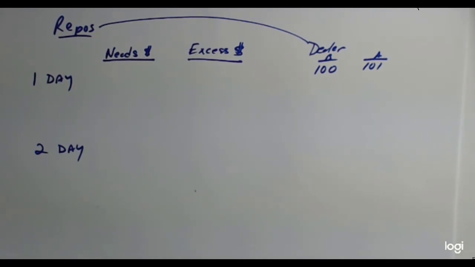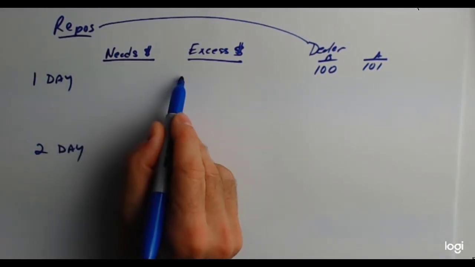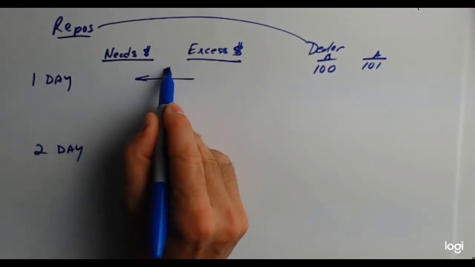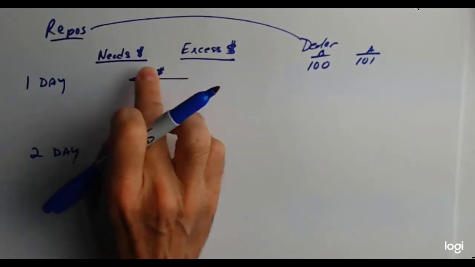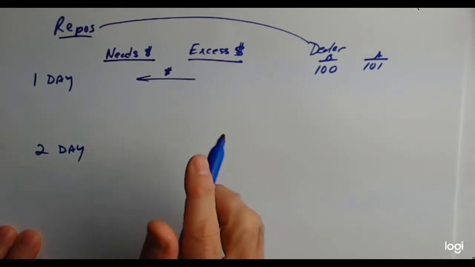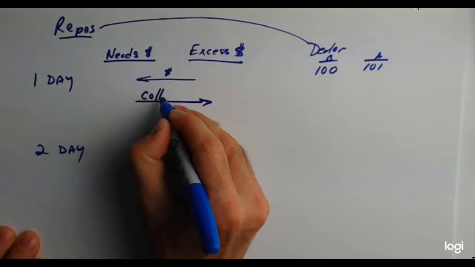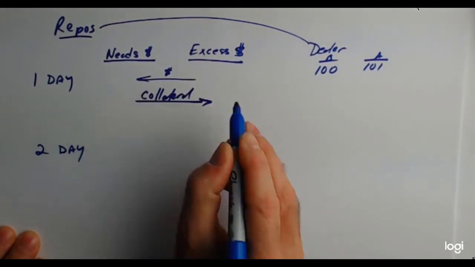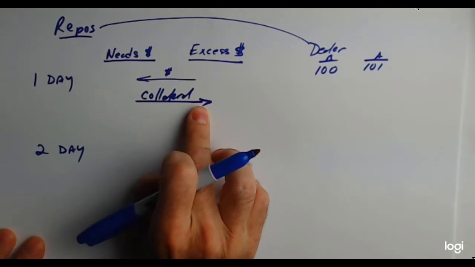So here's what happens on day one. On day one, this party needs money, and so the money is going to move from the lender to the borrower, and at the same time, it's going to be a collateralized loan, and collateral like a treasury security will go in this direction.